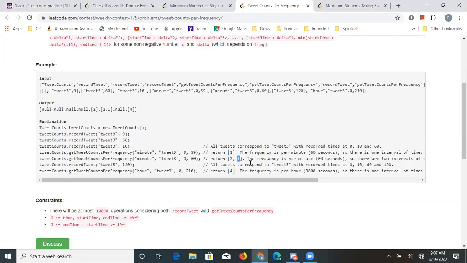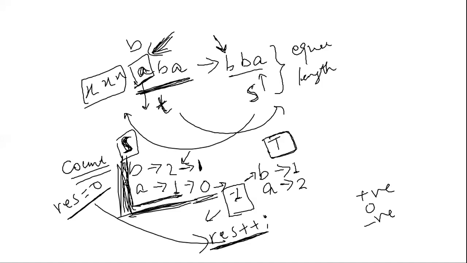Okay, let me draw it then. That way we can have our own example. So in the first case, we had tweets at 0 and 59, actually 0 and 10. Let's say it is 10 and 59.